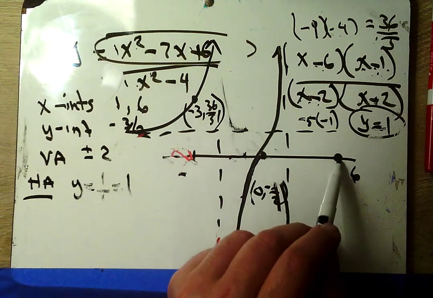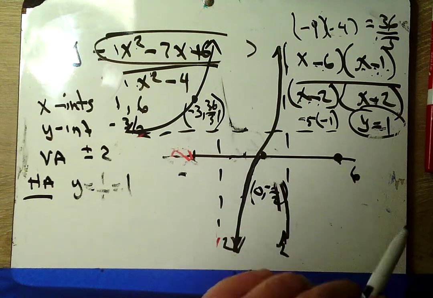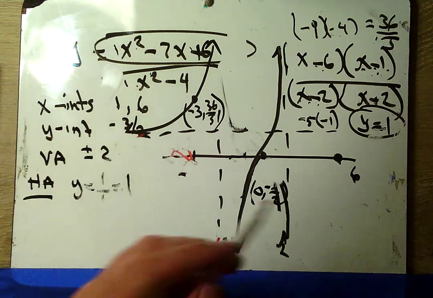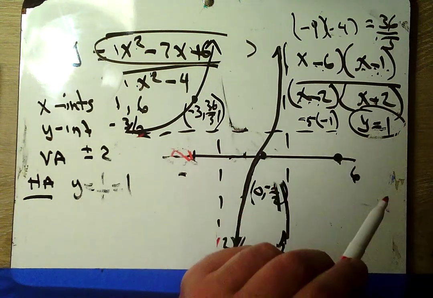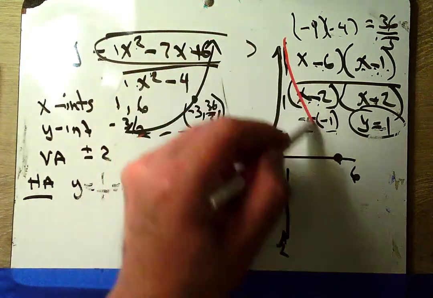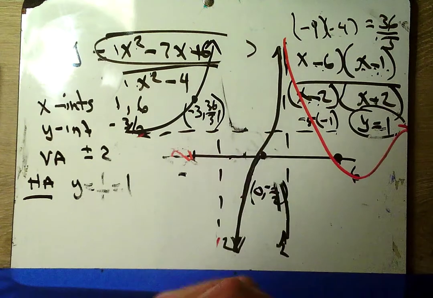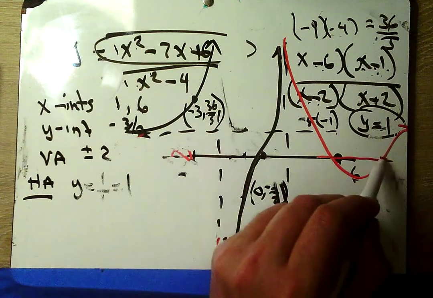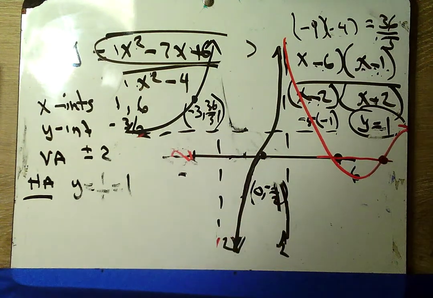Okay, look, I have to pass through this point. Now, I have to pass through this point, and I have to bend to that asymptote. So what about this? Could it be this situation? Well, yeah, that shape is not impossible, with the exception of, wouldn't I need another x-intercept?